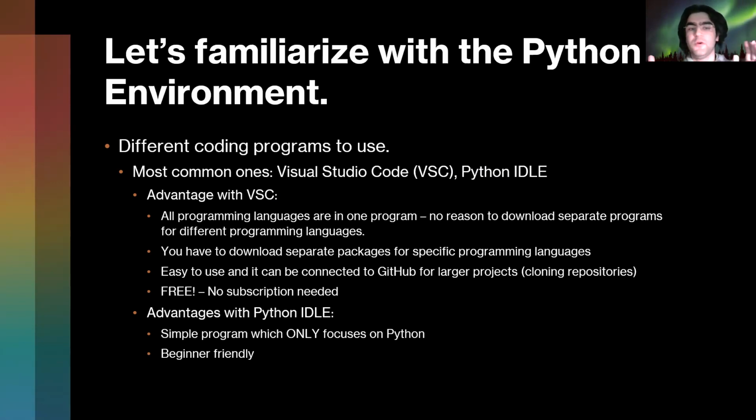Everything is in one program. And it means that there's no reason to download separate programs for different programming languages. However, you need to download separate packages for a specific programming language. If you want to program with Python, then you need to download the essential packages for Python. If you want to program with Java, then you need to download the specific packages for Java, and so on.